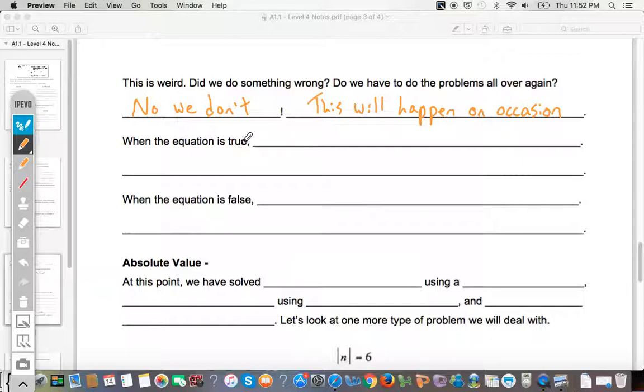So when the equation is true, so that was our equation up here on the left, we say that our equation has infinitely many solutions.